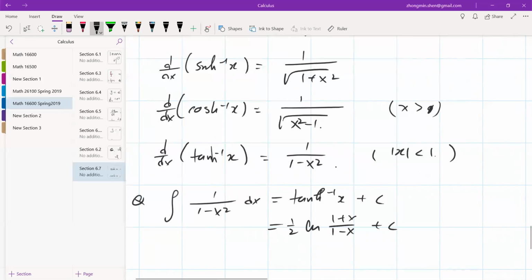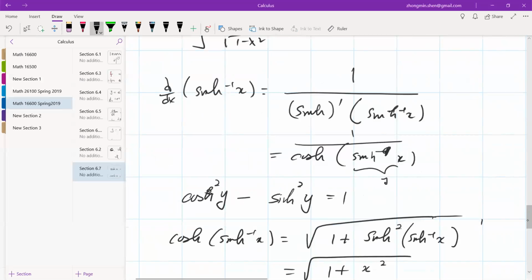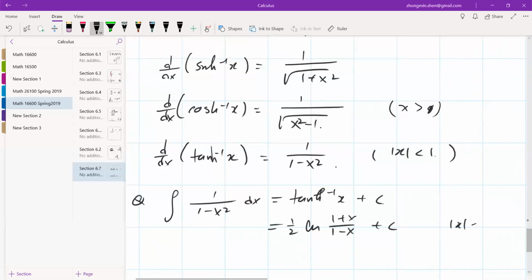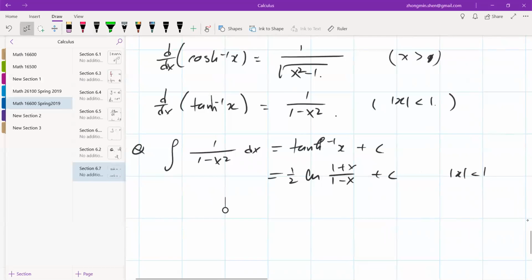So the integral of 1 over 1 minus x squared is going to be this. We assume here that the absolute value of x is smaller than 1. Under that assumption. If x is greater than 1, it may not be true. We have to assume that because we have to go through the inverse hyperbolic tangent x.